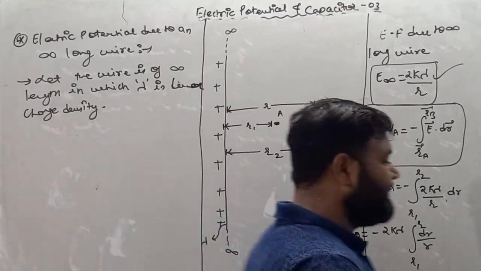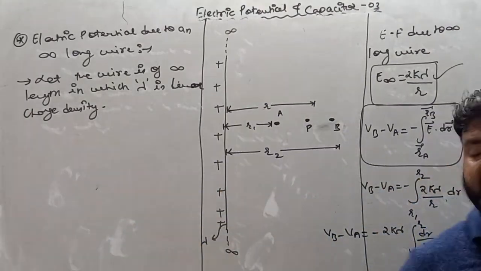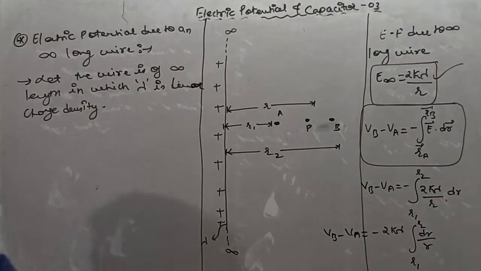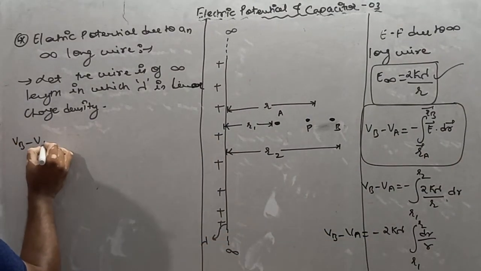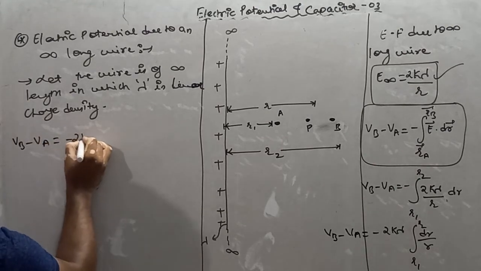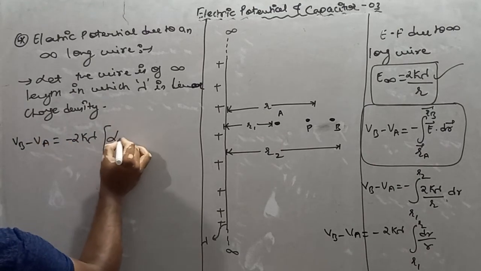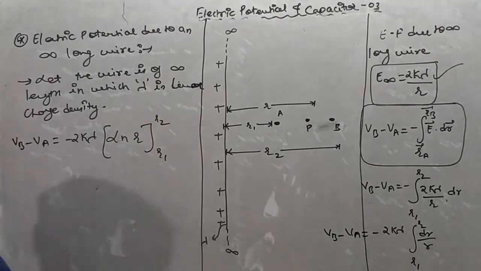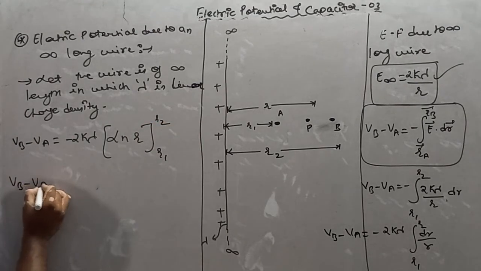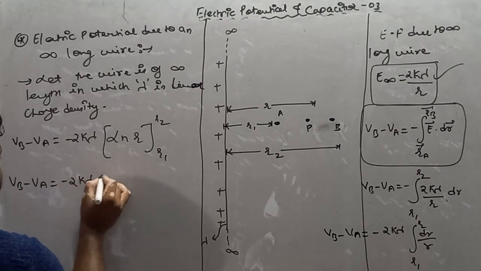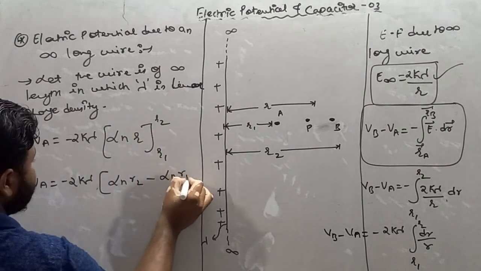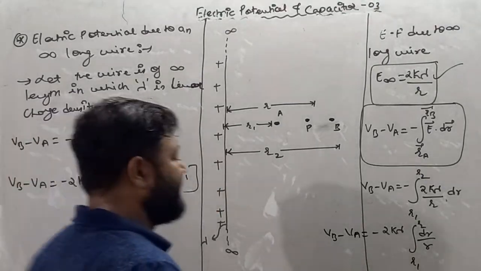So integration of dr by r equals ln r. So VB minus VA is equal to minus 2K lambda, ln r with limits from R1 to R2. So VB minus VA is equal to minus 2K lambda, upper limit ln R2 minus ln R1.